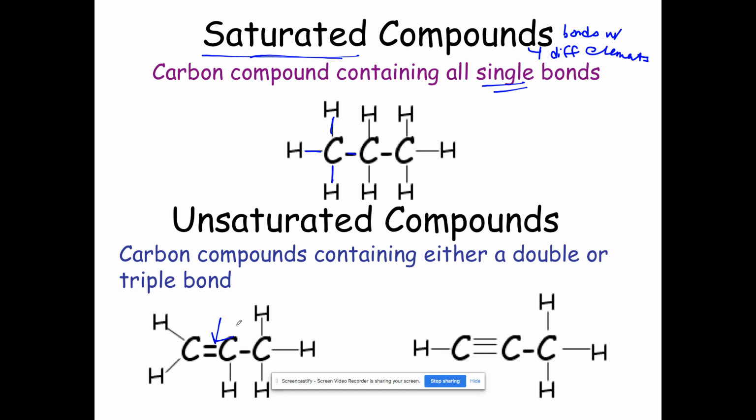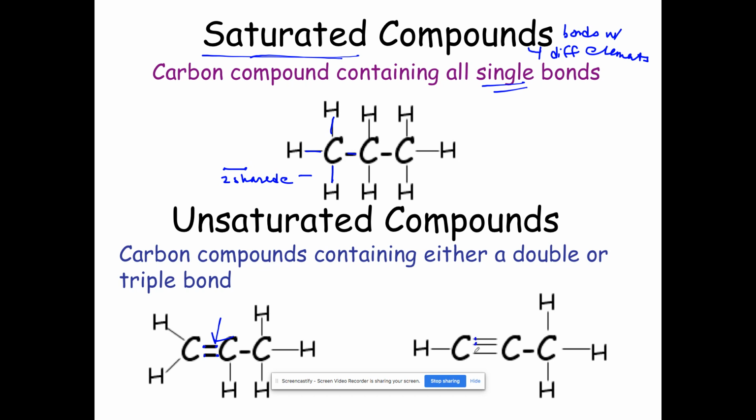This is a good time to remind ourselves: in a single bond, we have 2 shared electrons. In a double bond, we have 1, 2, 3, 4 shared electrons. Over here, we have a triple bond.